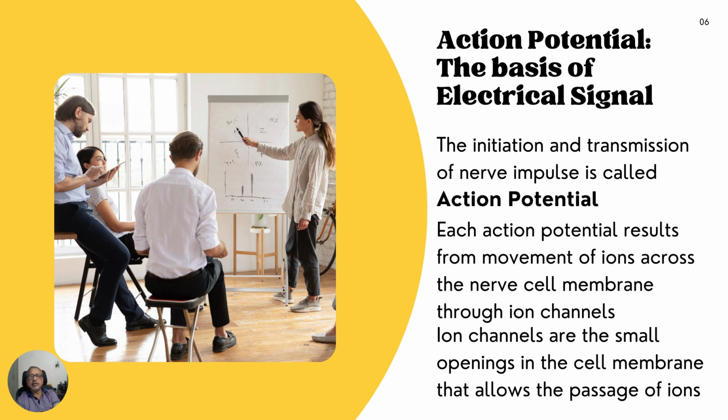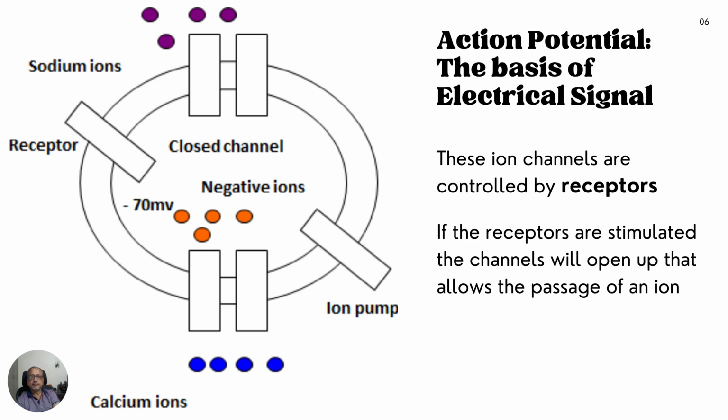The initiation and transmission of the nerve impulse is called the action potential. Each action potential results from the movement of ions across the nerve cells, and all these ions enter the nerve through small pores called ion channels.